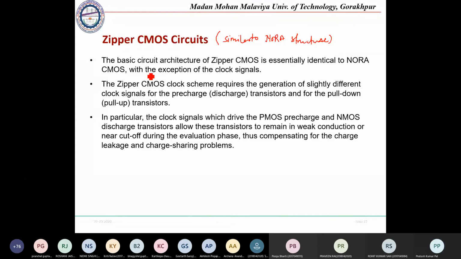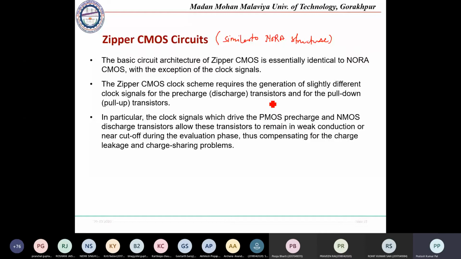But it removes the charge sharing and the leakage problem that takes place in the Nora logic. To remove that, the clock scheme that the Jeeper CMOS logic uses requires generating slightly different clock signals for the pre-charge transistors and also the pull down transistor. So here it will be using a separate clocking scheme from the previous ones that we have seen.